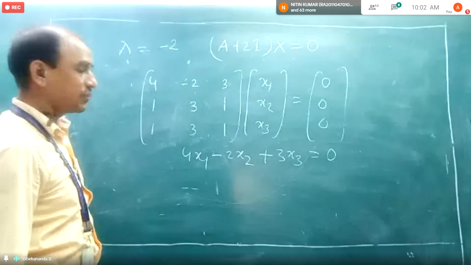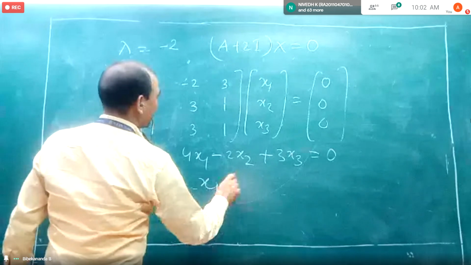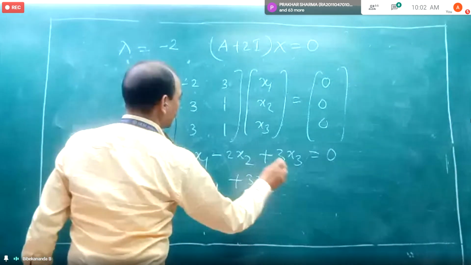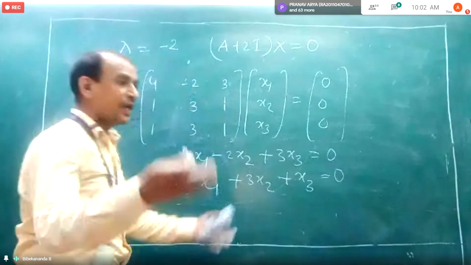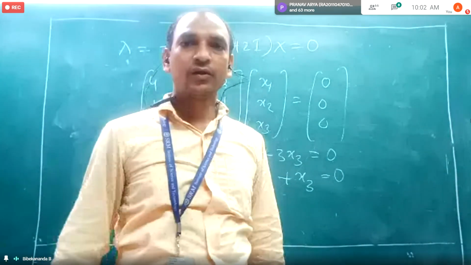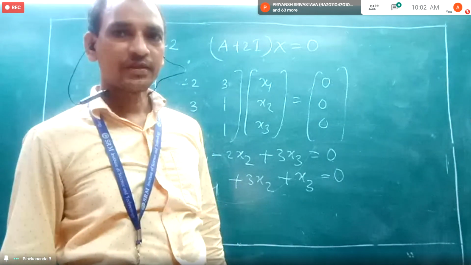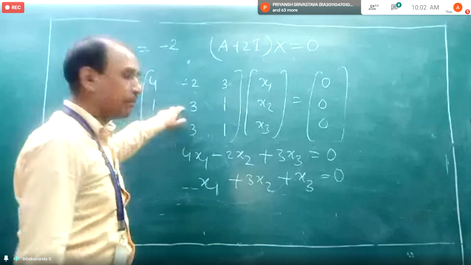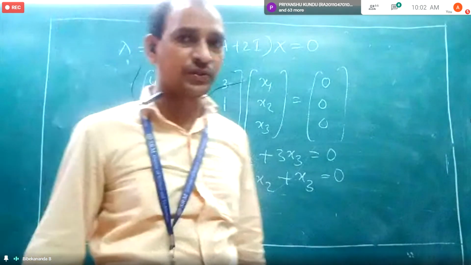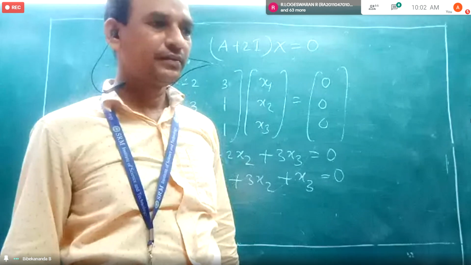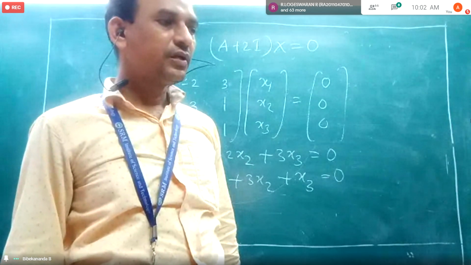The second equation is x1 plus 3x2 plus x3 equals 0. No need to write the third equation because it is the same. So we have two equations and how many unknowns? We have three unknowns.